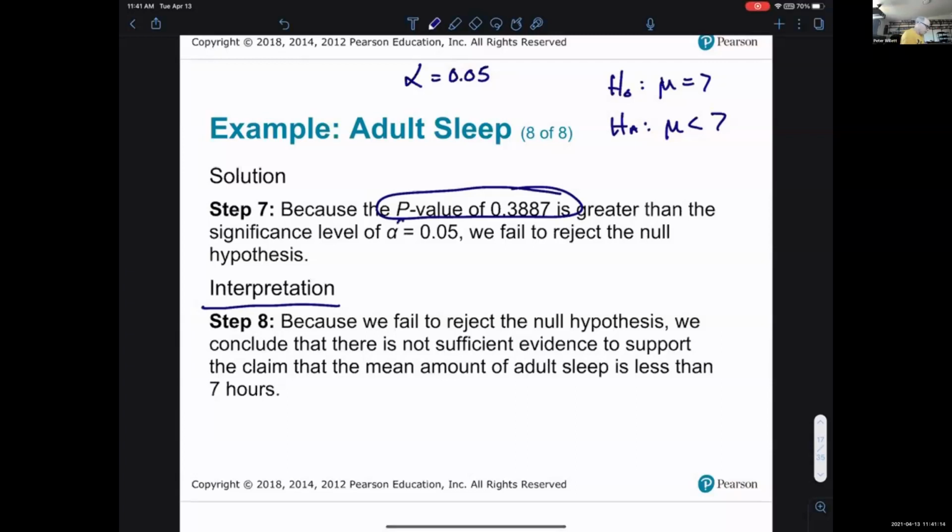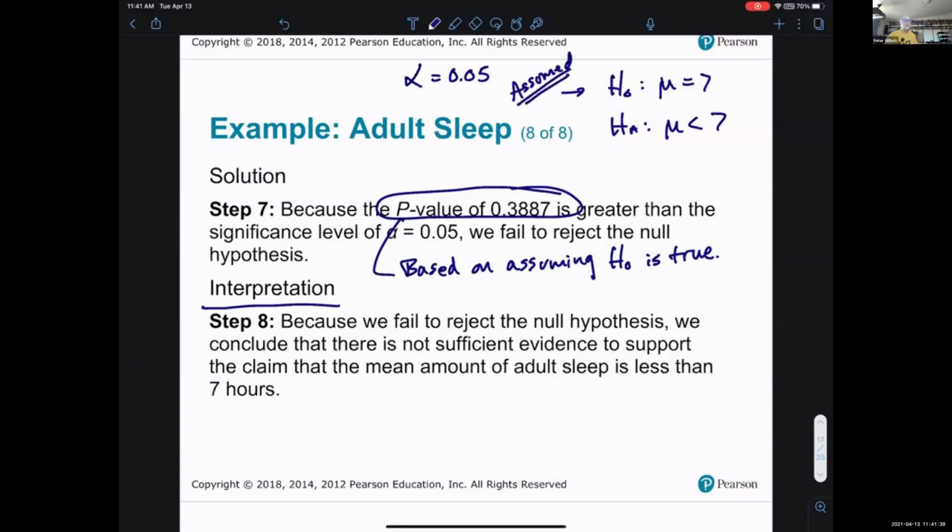So the thing to remember is that this is based on assuming that the null hypothesis is true. The null hypothesis is assumed when you make the t distribution.